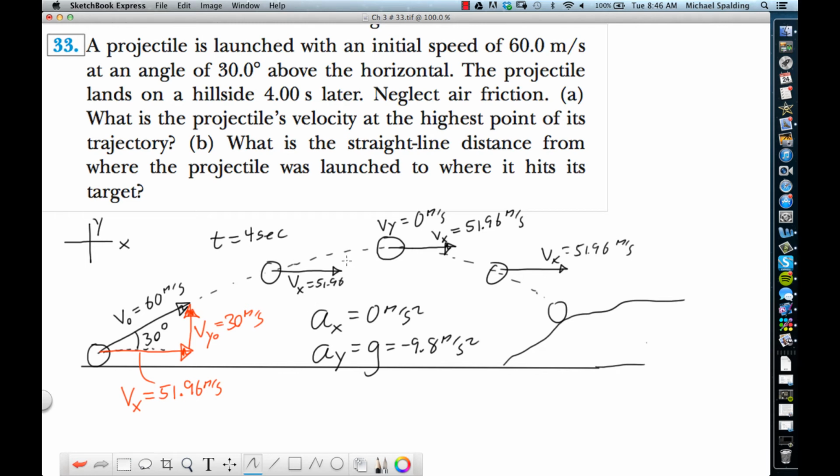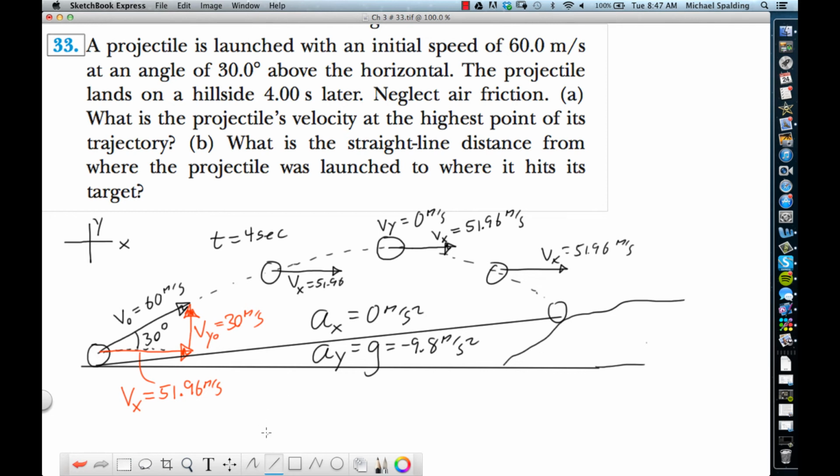All right, now B. B wants us to solve for the straight line distance from where the projectile was launched to where it hits the hill. So the straight line distance is going to be from here to there, right? How do we do this?